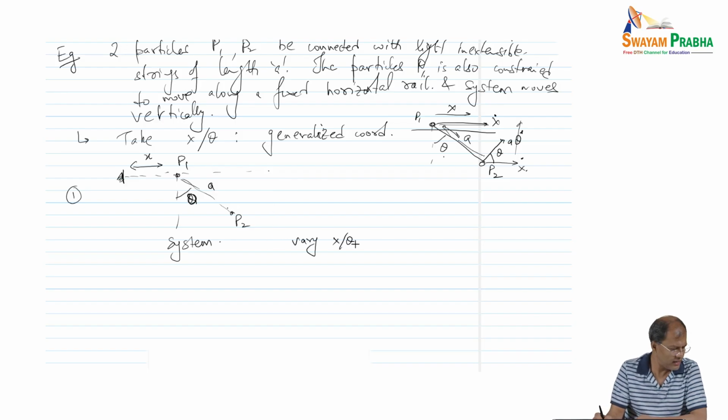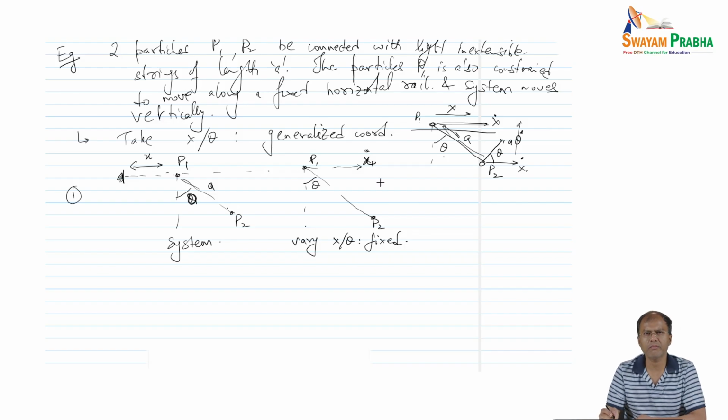This is P2, and this is P1, and this is x1. x dot is the horizontal velocity of the first particle, and of course the second particle is also moving horizontally with the same horizontal velocity.